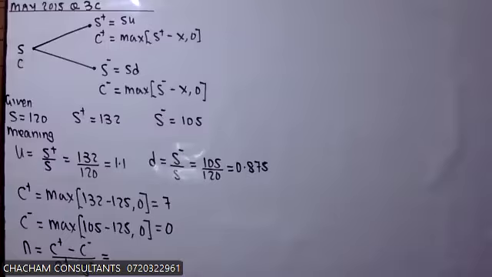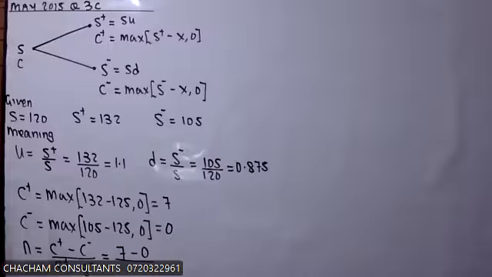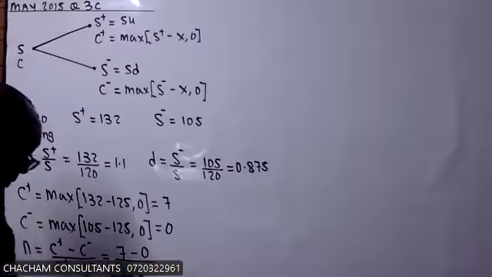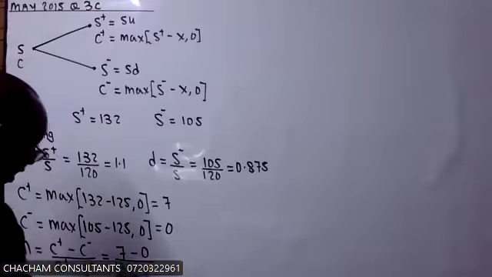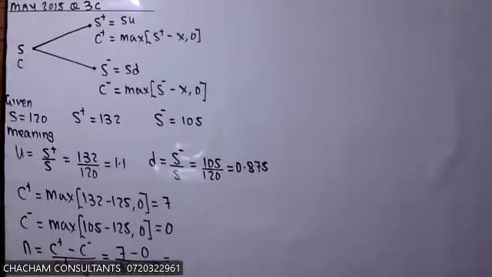The C up is 7, C down is 0, S up is 132, and S down is 105. We compute delta. So that is 0.2593.